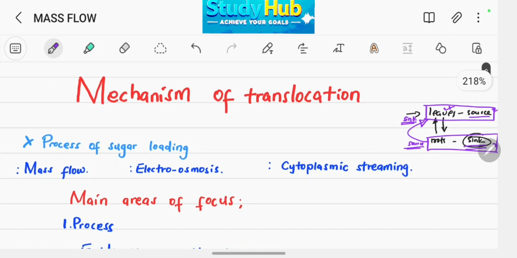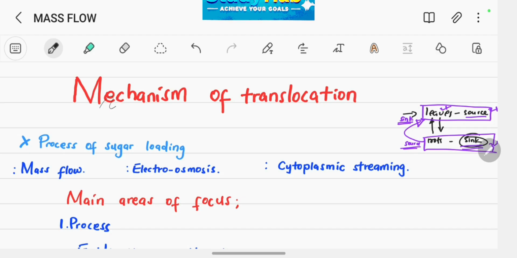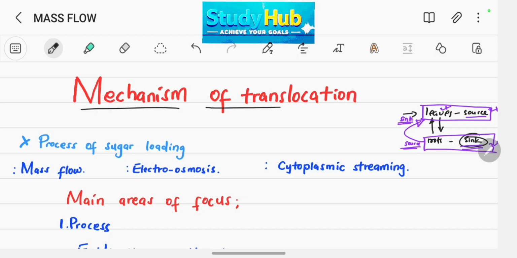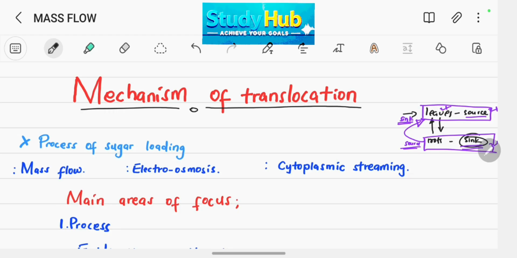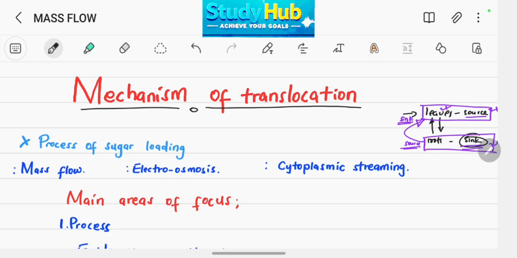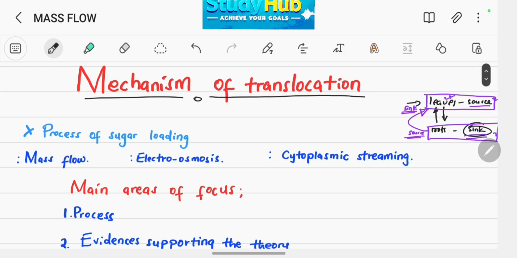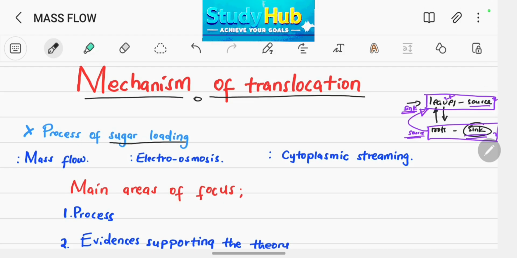So we shall mainly focus on mechanism of translocation. We know translocation is transport of these sugars within the plant. And under this, we shall first look at the process of sugar loading.